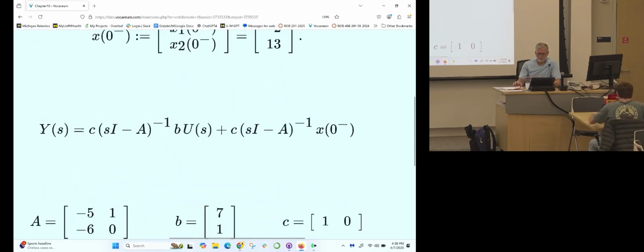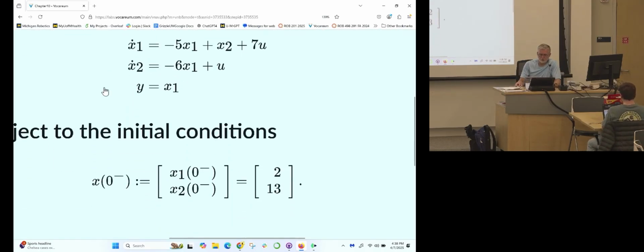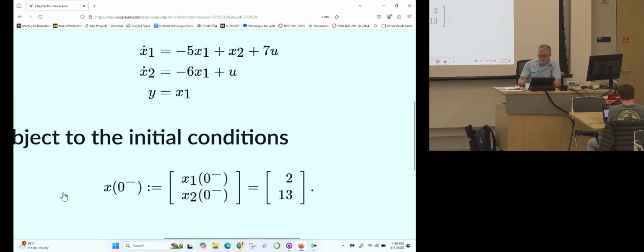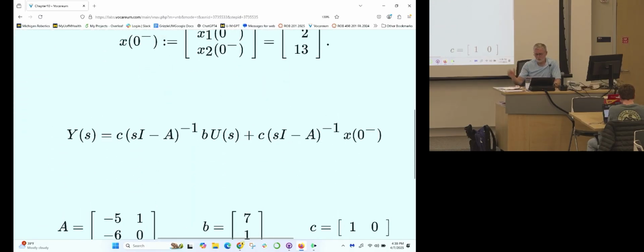And I claim the output of this differential equation in terms of Laplace can be written as something that depends upon the input plus another something that depends on the initial conditions, which is what we have written down here. So let's just see why that's true and how this sI minus A inverse shows up.